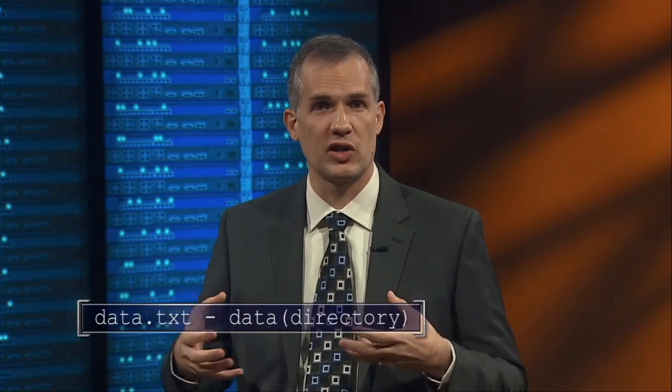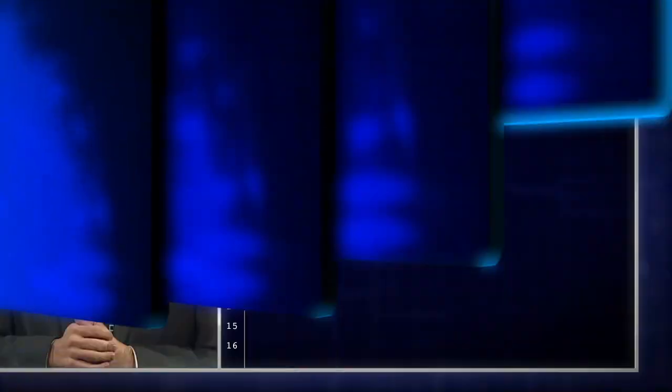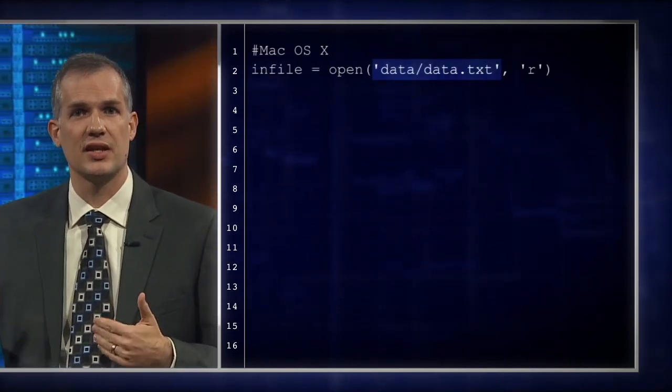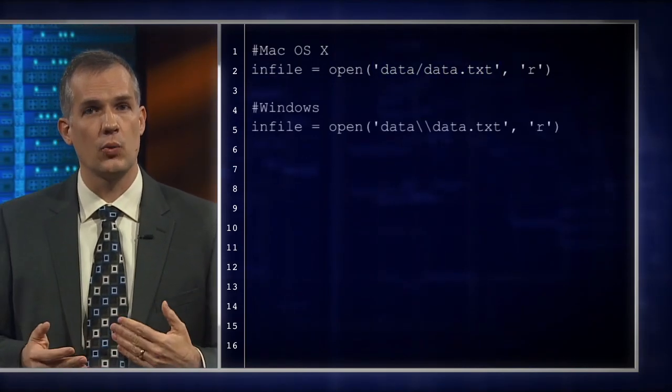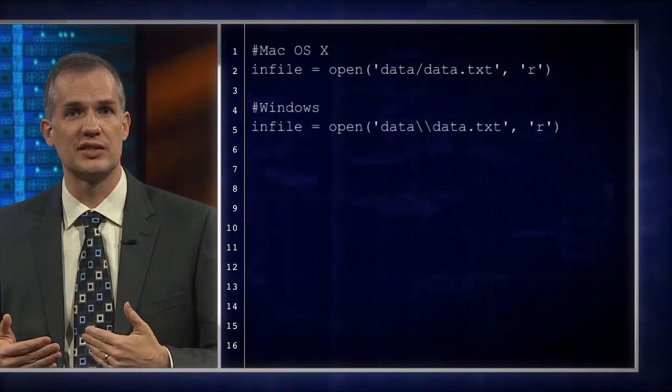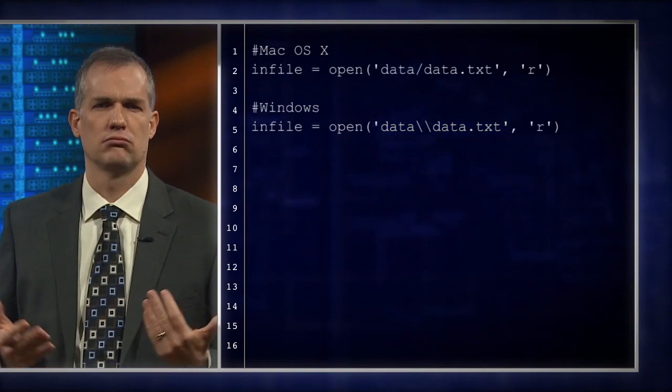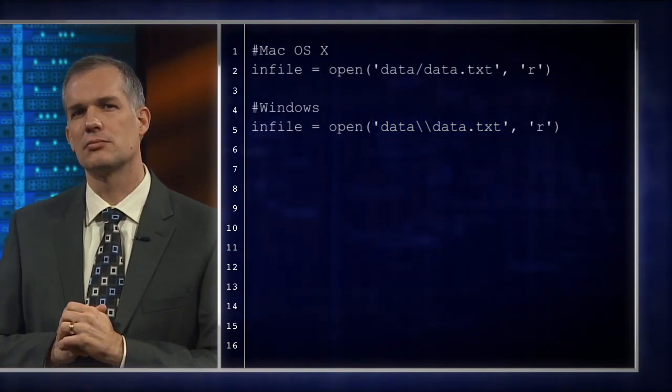Okay, let's say that we want to specify a file named data.txt that's in a subdirectory of the current directory called data. On a Mac, we would specify this as data/data.txt. On Windows, we would specify this as data\\data.txt. Why the double backslash?